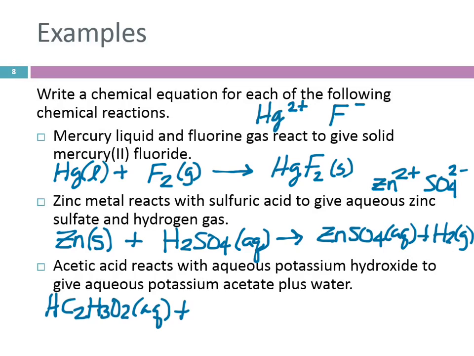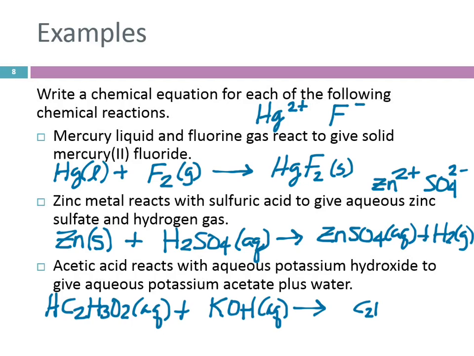What's the formula for potassium hydroxide? KOH. Potassium is a +1 ion, hydroxide is a -1 ion, and so we just need one of each, aqueous. To give, arrow, aqueous potassium acetate.